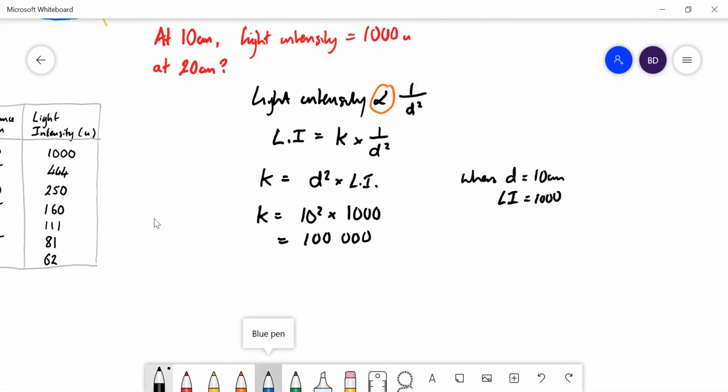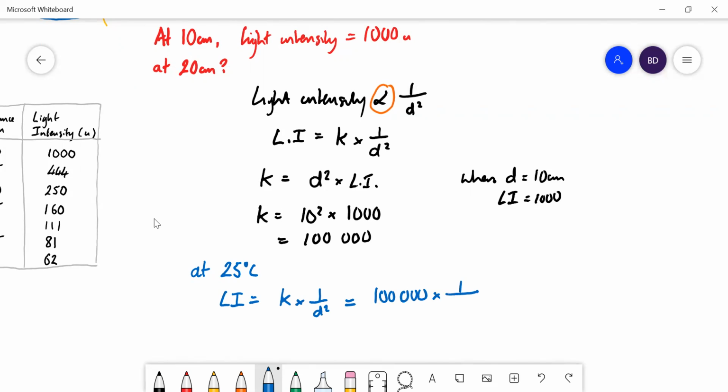Light intensity is equal to the constant multiplied by 1 over d squared. So that's 100,000 multiplied by 1 over 25 squared. We do that on a calculator, and it is equal to 160 units.